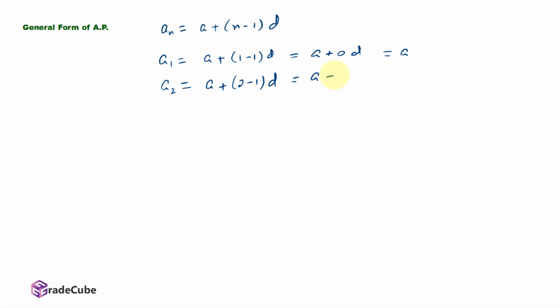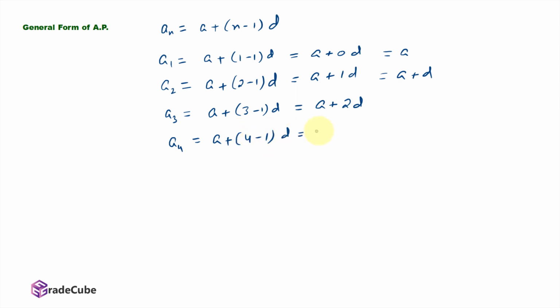It becomes a plus 1d, and 1 need not be written, so it becomes a plus d. Similarly, a3 is a, put the value of n here, plus 3 minus 1 into d. It is a plus 2d. Let me calculate one more term for you. It is a4, value of n becomes 4, a plus 4 minus 1 into d. It becomes a plus 3d, and so on.